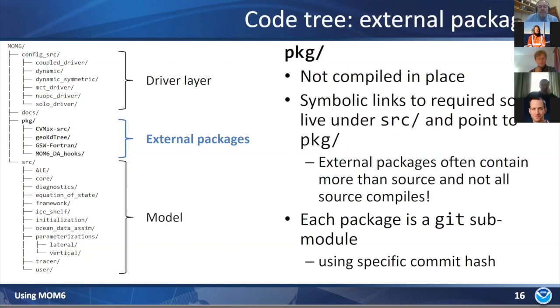And just one last thing is the version that we are currently compatible with is recorded by Git as a submodule there. And that's important because it means that no one's requiring us to stay up to date, or vice versa, that the package can't evolve in order to maintain compatibility with MOM6.